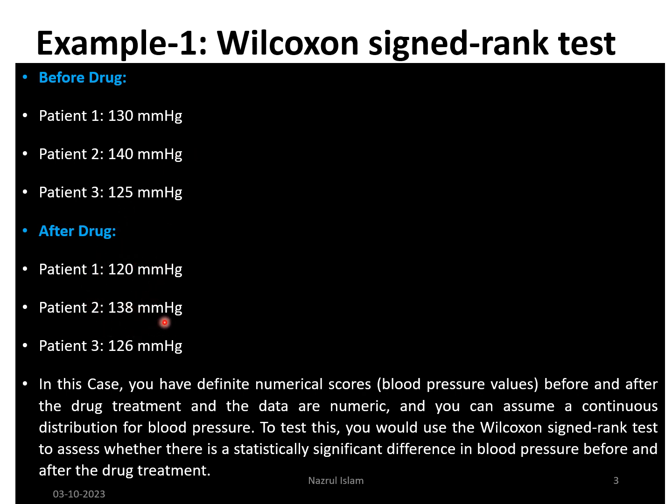In this case, you have definite numerical scores, that is, blood pressure values before and after the drug treatment. The data are numeric and you can assume a continuous distribution of blood pressure. To test this, you would use the Wilcoxon signed rank test to assess whether there is a statistically significant difference in blood pressure before and after the drug treatment.